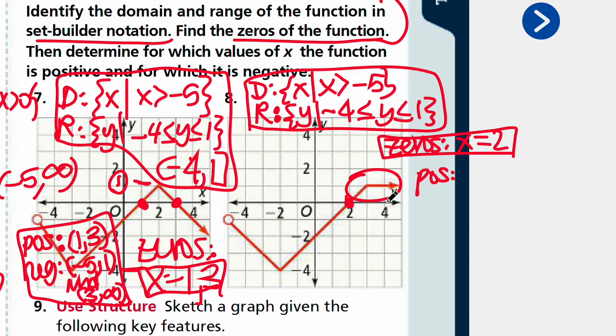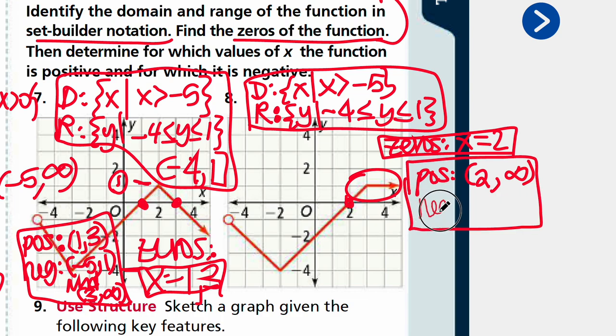But you need to describe using your x values, right? Your y is positive here, but your y is positive when x is greater than 2. So 2 comma positive infinity would be your positive interval. And your negative would be from -5, right?